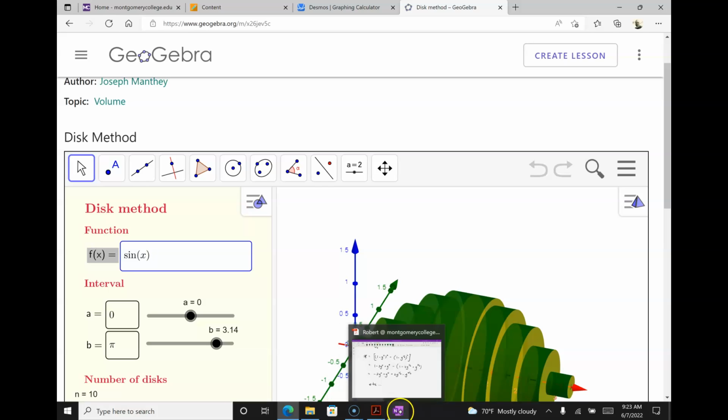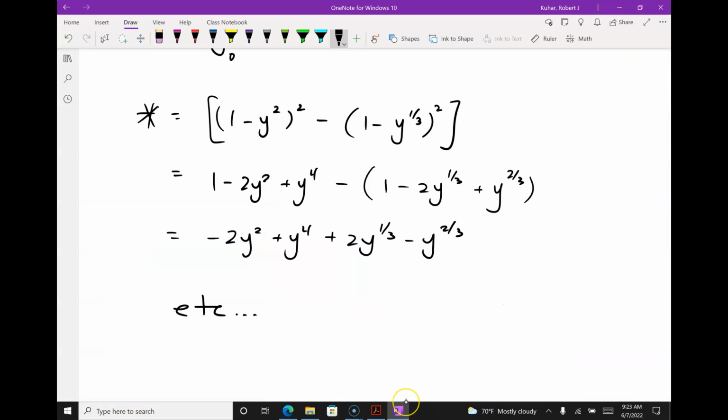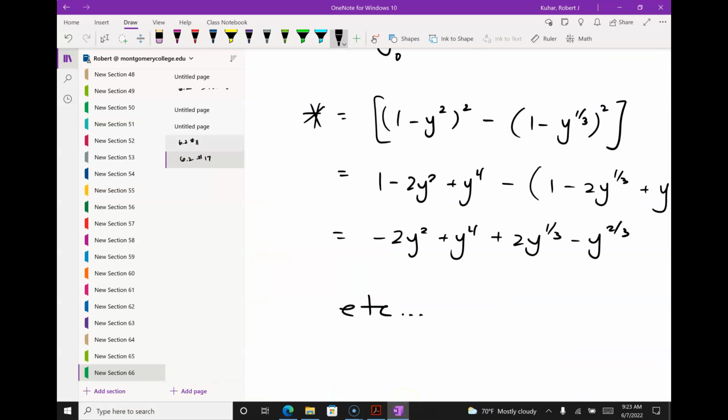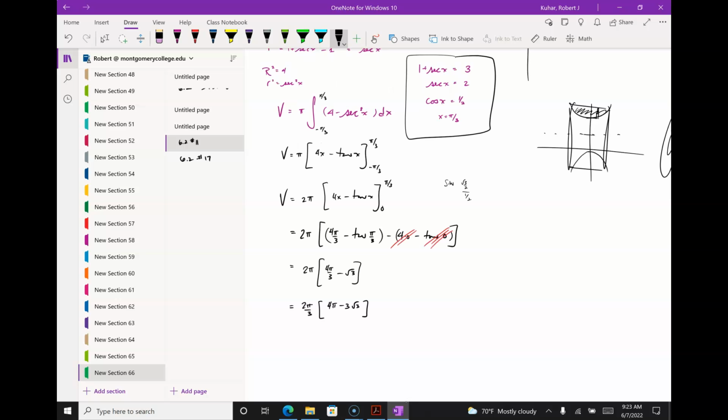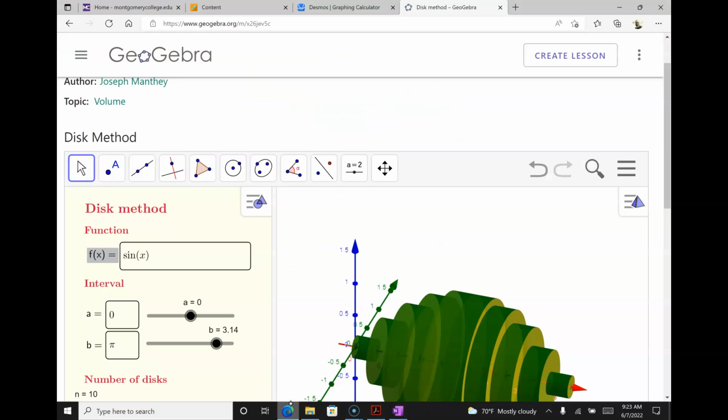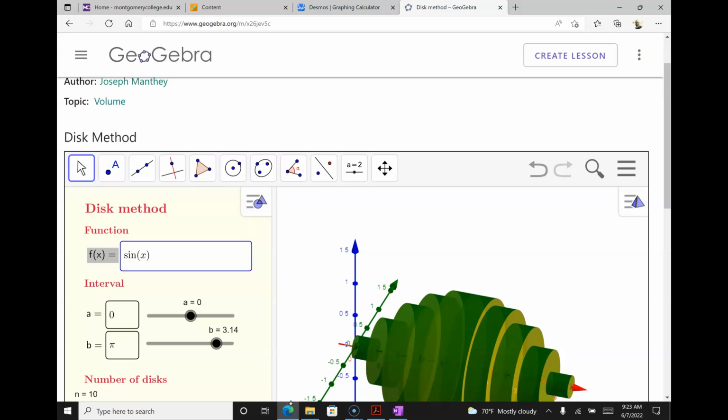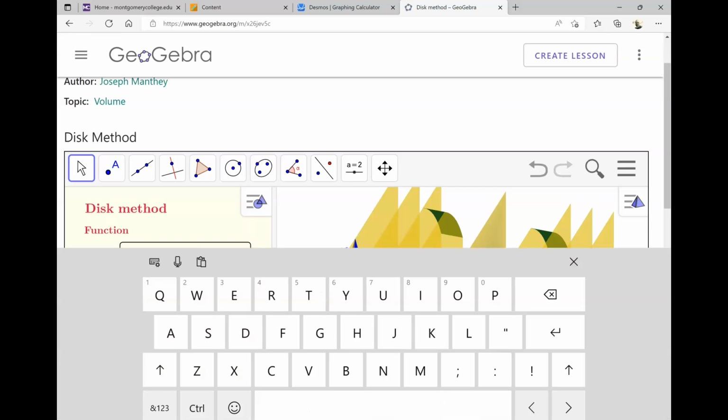Let me see if I can get a nice picture of that one function here. Yeah, this one seems to be fine. My function is 4 minus secant squared, right? Let's see what happens if we do that one. And I went from minus pi over 3 to pi over 3, right?